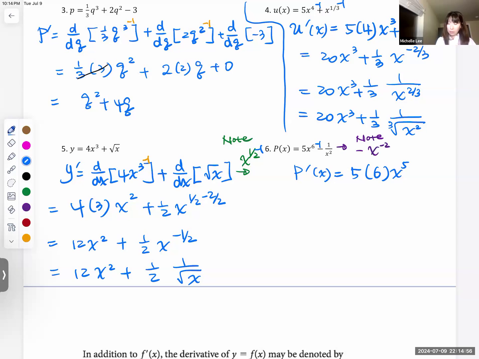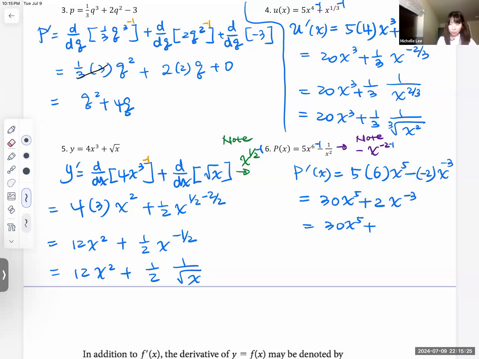We drop the power, so negative times -2, x to the -1, so -3. There will be 30x to the fifth power plus 2x to the -3. Let me rewrite it this way: 30x to the fifth plus 2 over x to the third power. Is that okay?